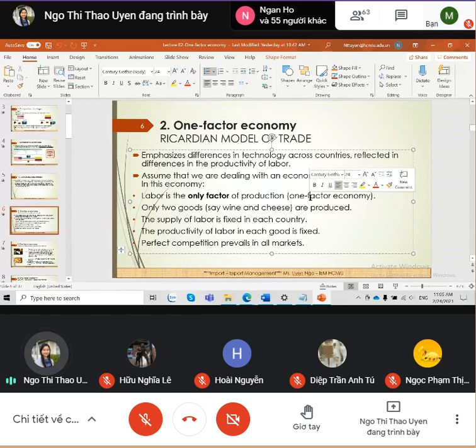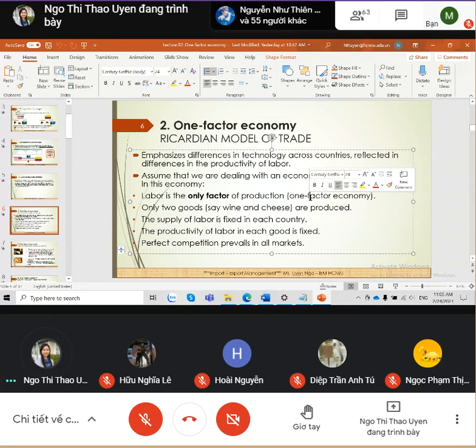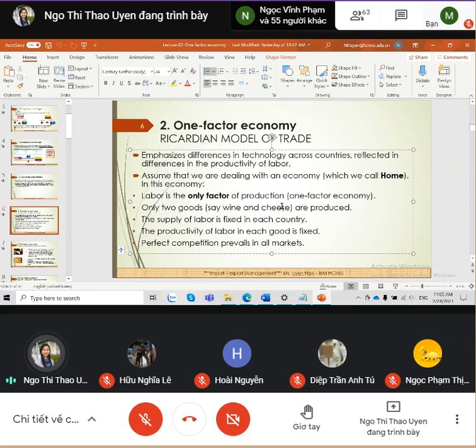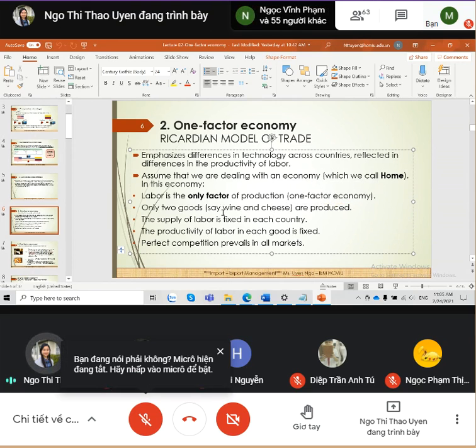And in the model, he also assumes that we have only two goods, that we name wine and cheese. Wine and cheese. The total supply of labor is fixed.